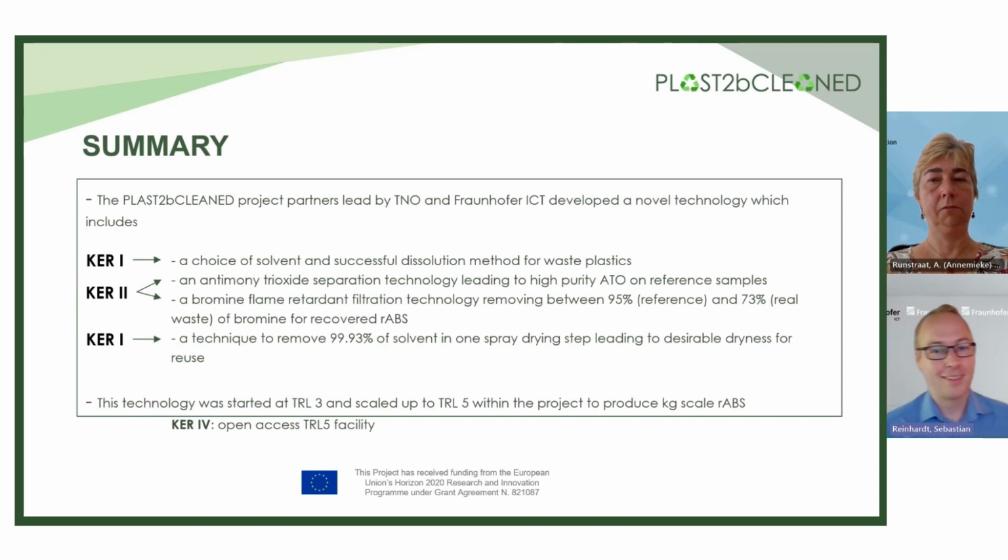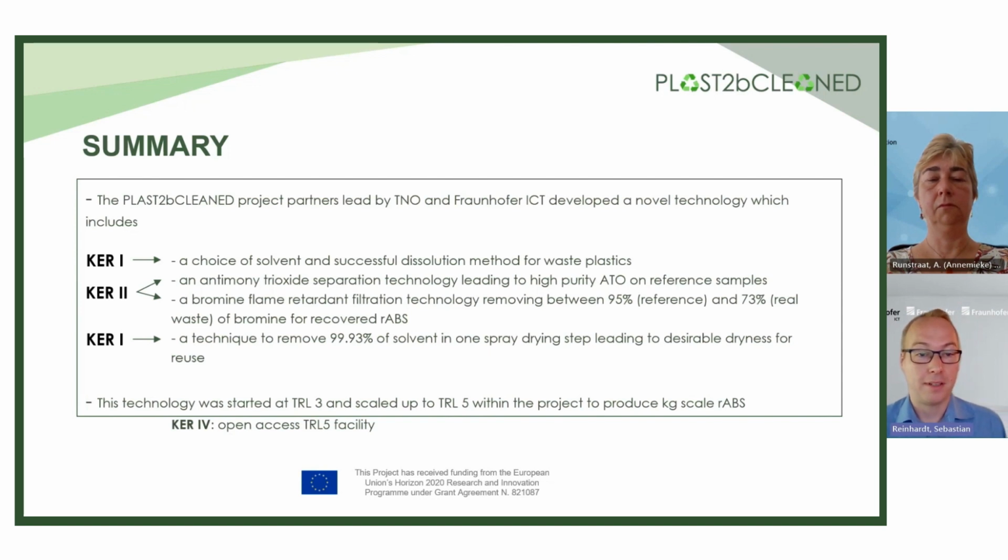To summarize our key exploitable results, the PLAST2bCLEANED project partners, led by TNO and Fraunhofer ICT, developed this novel technology, which includes, first of all, a choice of solvent and a successful dissolution method for the waste plastics, and then an antimony trioxide separation technology, which led to a high purity ATO on the reference samples, and a bromine flame retardant filtration technology, which removed up to 95% of bromine on the reference samples and 73% of bromine on the real waste samples.